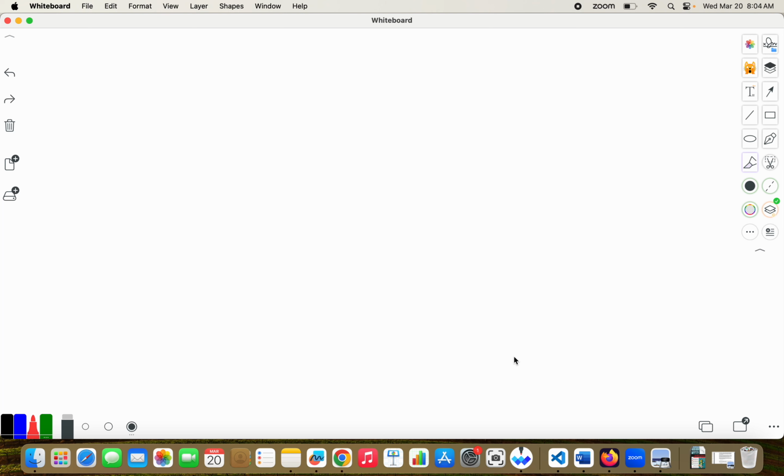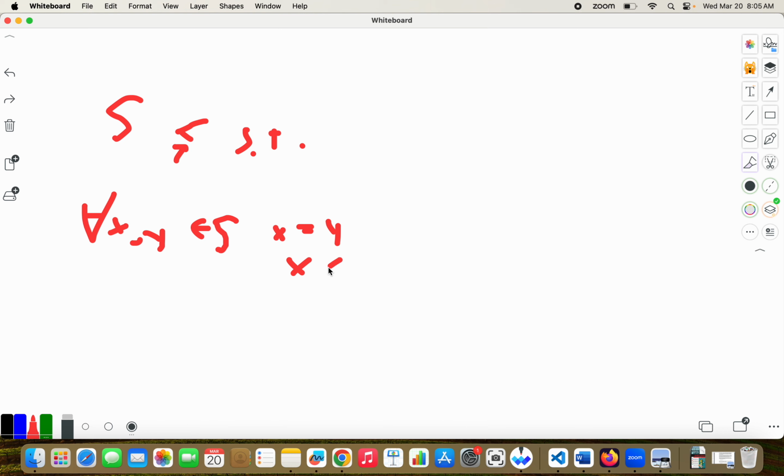So, an ordered set. An ordered set is a set S with a relation, which we call less than, such that for all x and y in S, either x is equal to y, or x is less than y, or y is less than x.